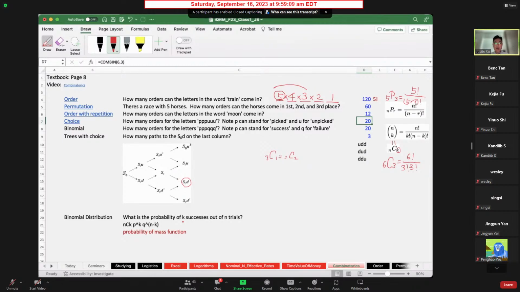And then we want to know the probability. So here, some people may call it a formula. I don't like calling it a formula. You've got to understand how this is created. There are n trials.